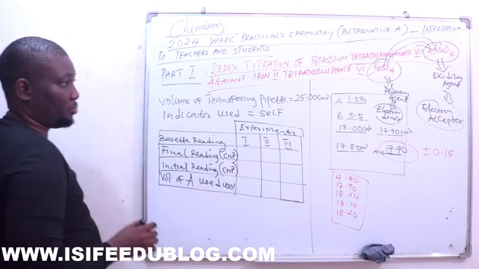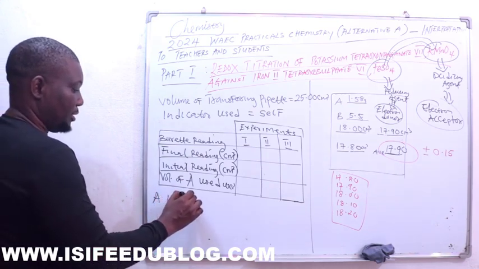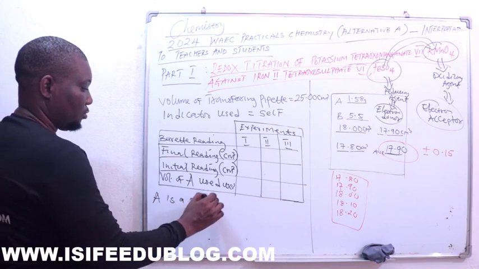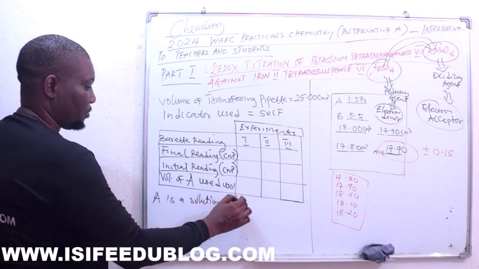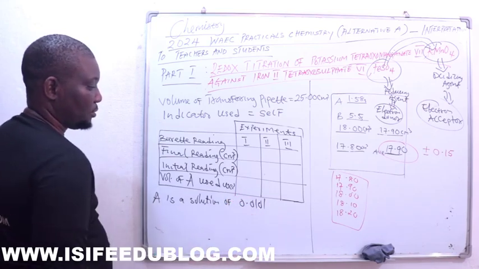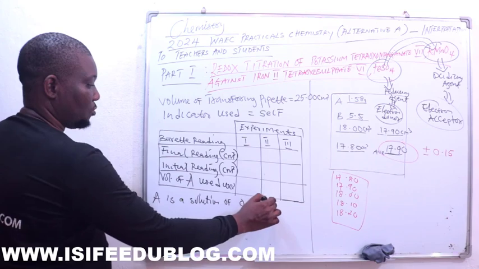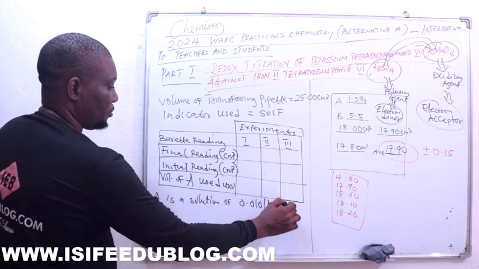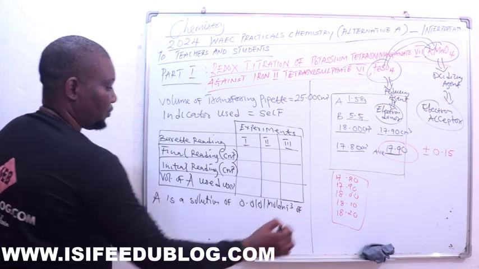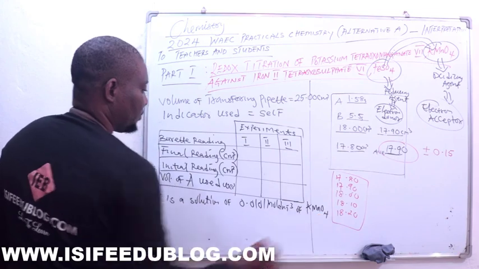Okay, before the table, I should tell you something here, that A is a solution of 0.0101 mole per dm cubed of KMnO4.